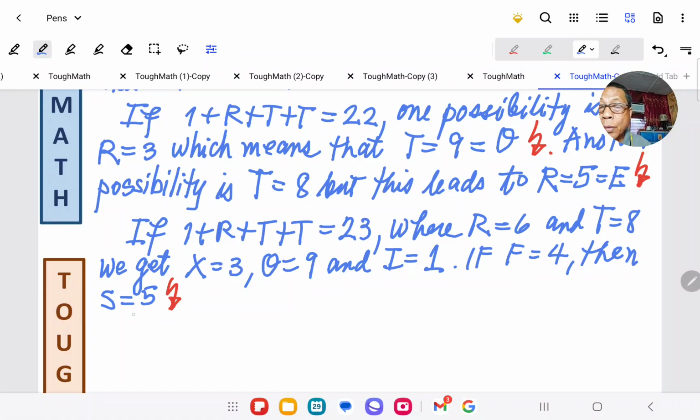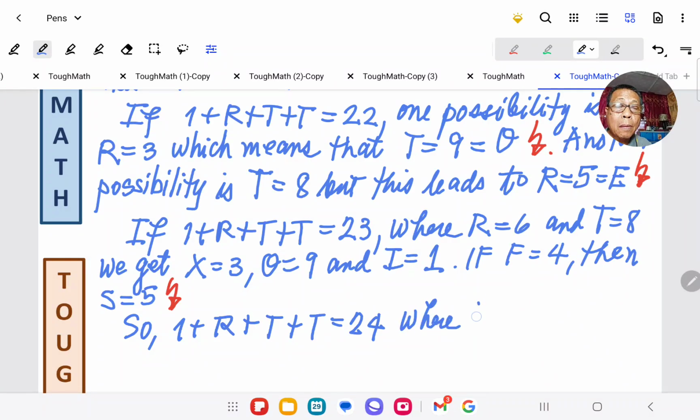So 1 plus R plus T must be equal to 24, where R equals 7 and T equals 8.